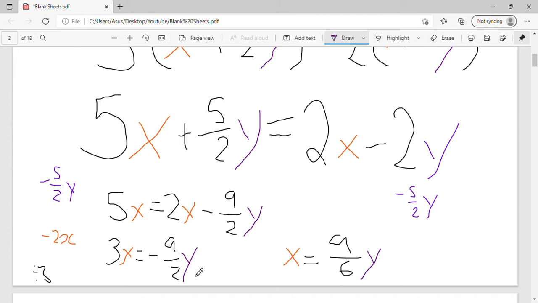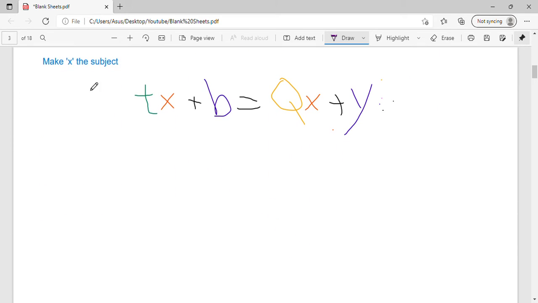So 9 over 2 multiplied by 1 over 3 becomes 9 on the top, and then 2 multiplied by 3 becomes 6 at the bottom. Okay, and here we have the answer we wanted. x all on its own equals 9 over 6y. Alright, that's excellent.